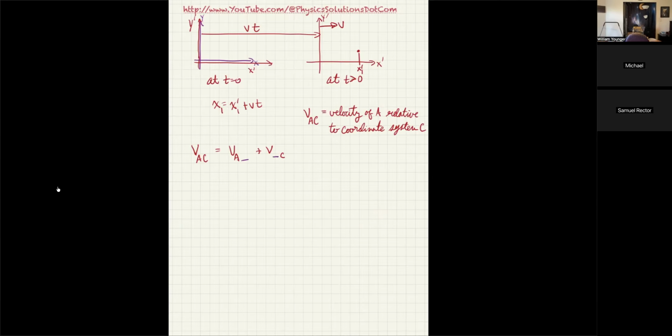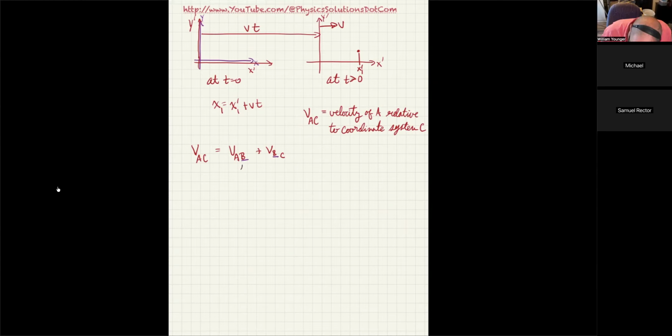So see how the AC matches the outer two subscripts? That's important. The other important thing is the middle subscripts have to match. So this could be B and B. It could also be Q and Q. The main thing is these two have to match.